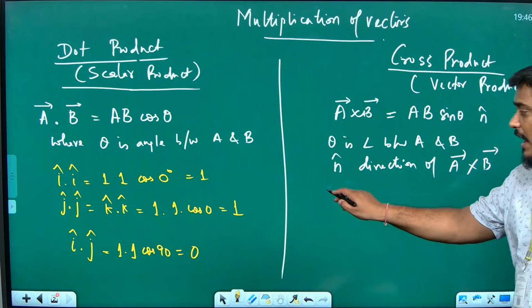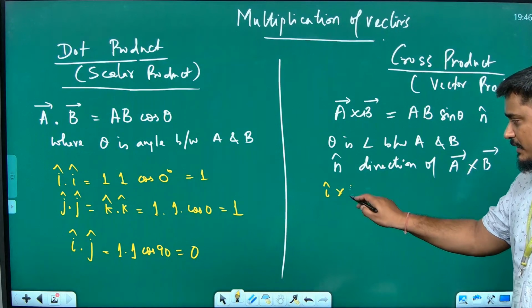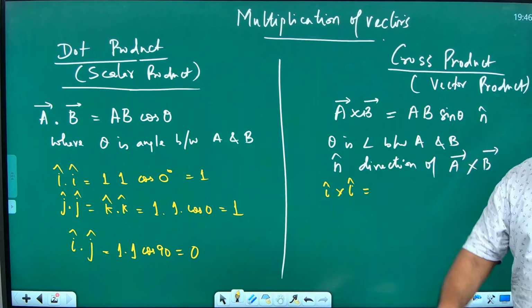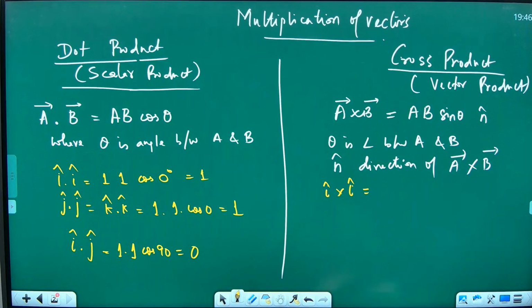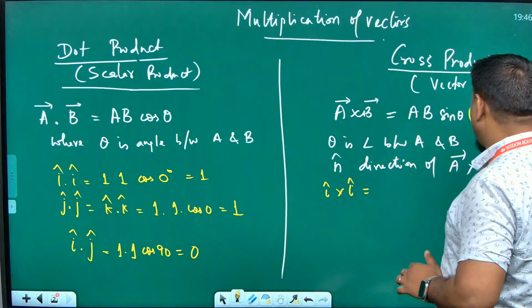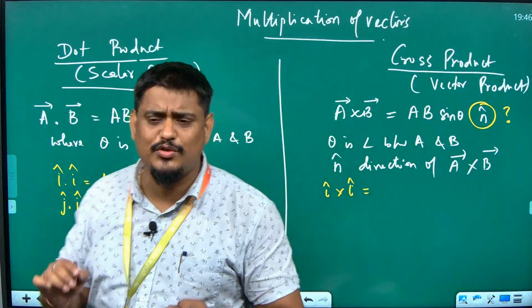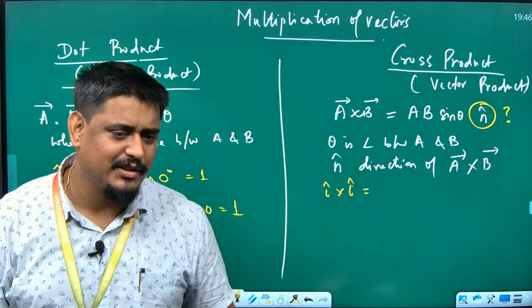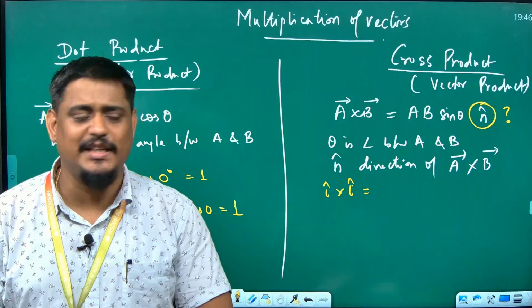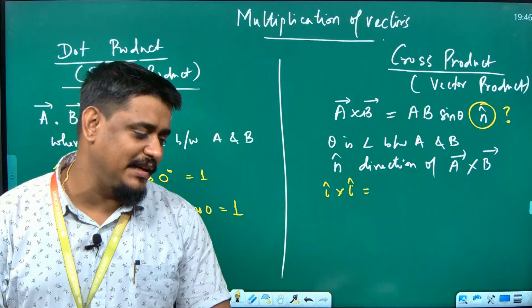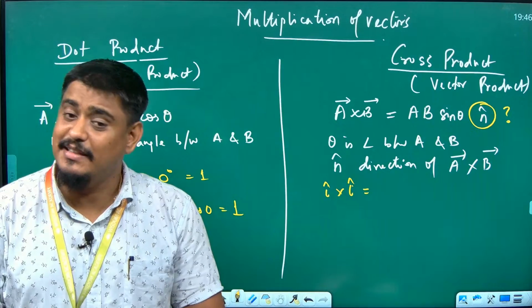If you have i vector cross i vector, before I tell about that, you should have a clear understanding of the meaning of this n cap. It is very important, because in my experience most students do not mind n cap. After 6 months, you will say A dot B is AB cos theta, A cross B is AB sin theta.